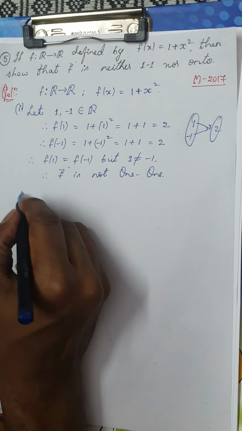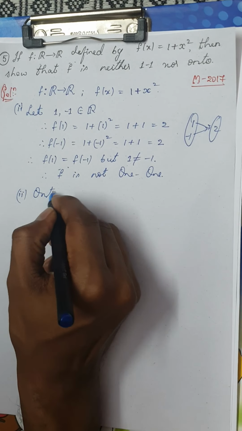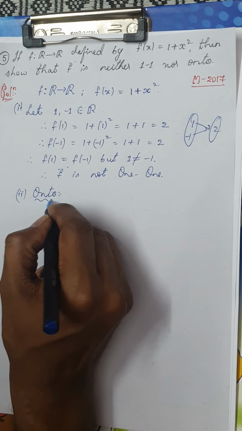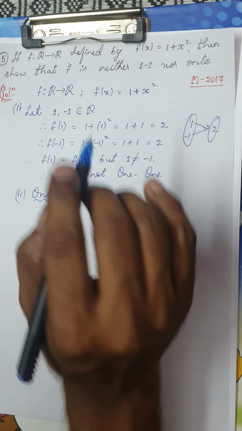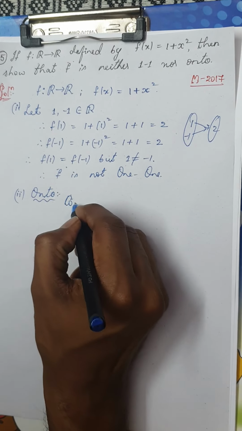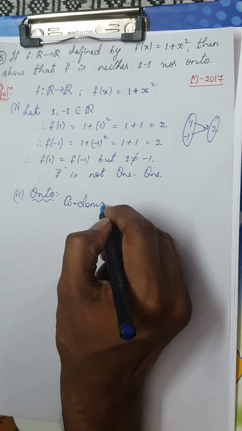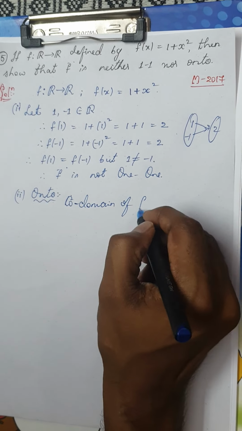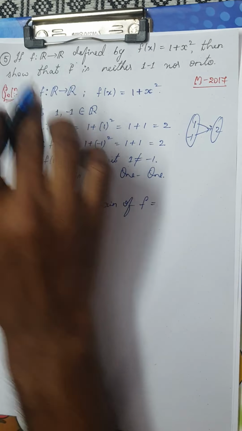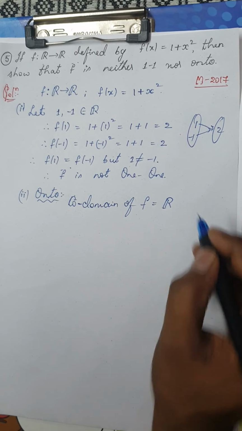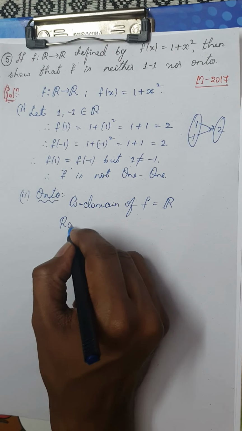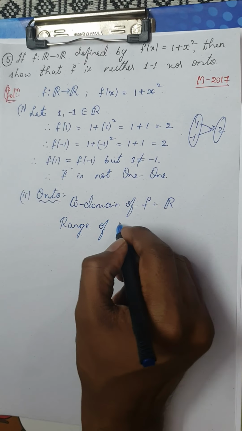Now going on to onto. I am saying it is not onto either. So how do you write? First we shall write the codomain of f. What is the codomain of f? It is completely real numbers. Now the range of f.